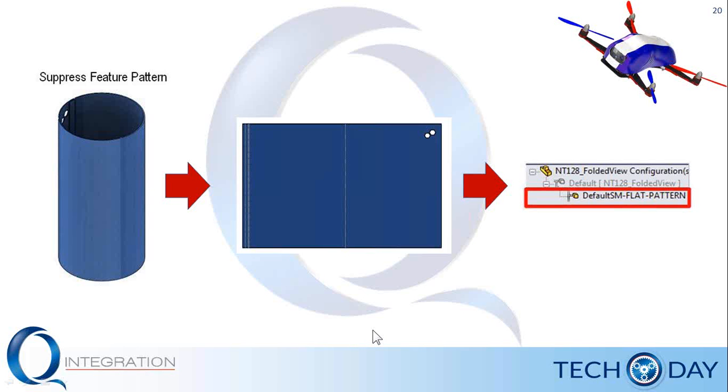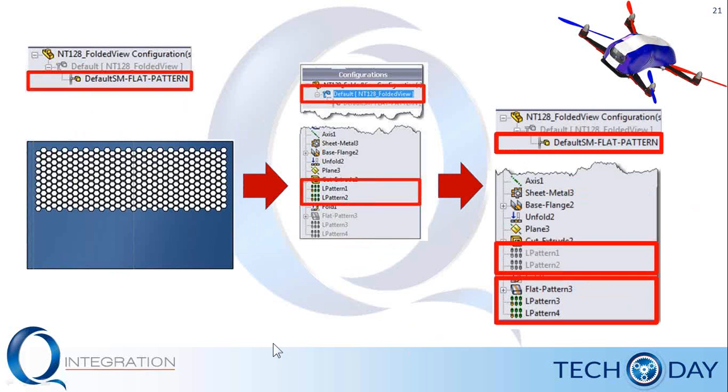So instead, we can create a more efficient model where, in the folded state, we suppress the pattern feature, we flatten it, go into that specific configuration, and in that configuration, we will recreate the linear pattern features and suppress them for the folded features.